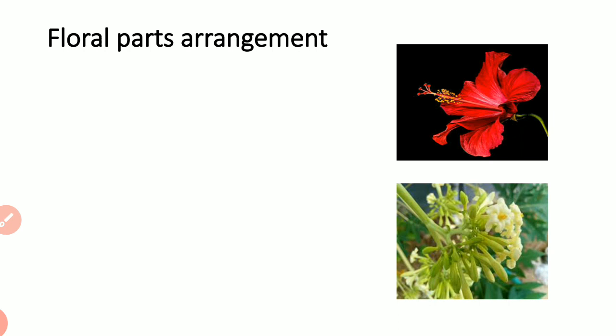Now we proceed towards floral part arrangements. Here you observe two flowers. First one is Hibiscus rosa-sinensis, and the second flower is papaya. For floral part arrangement there are two terminologies: complete flower and incomplete flower.